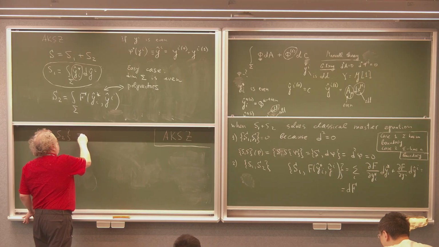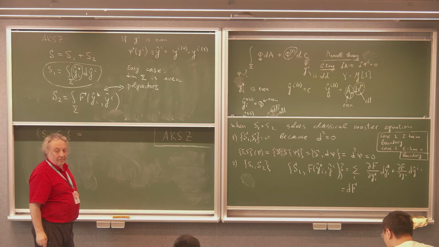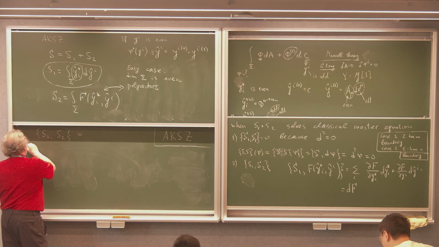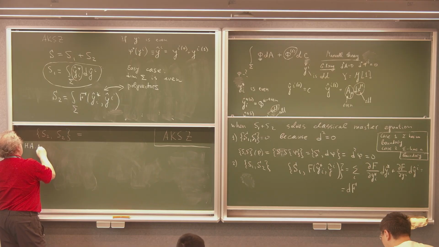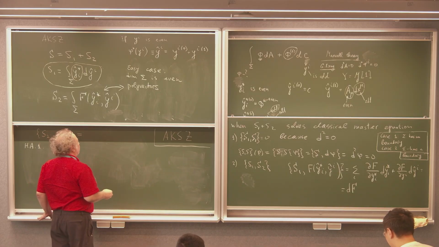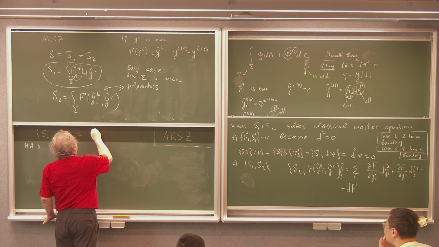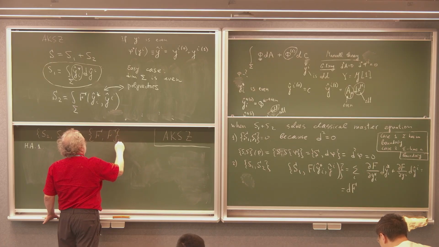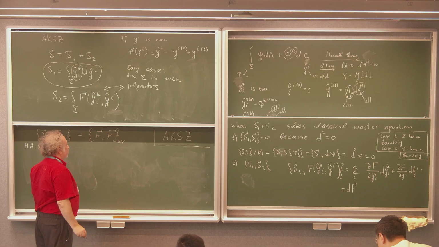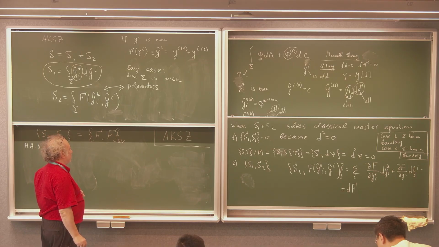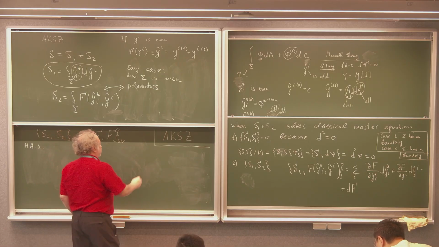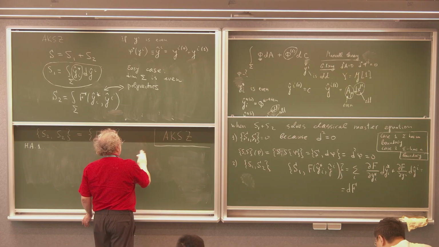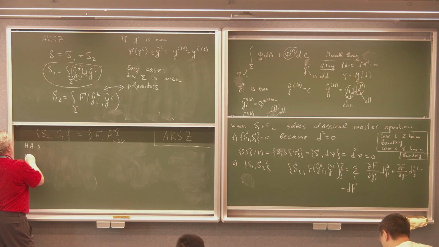So, home assignment. Check. Now this is the BV bracket, F with F. And home assignment 2, with the star.